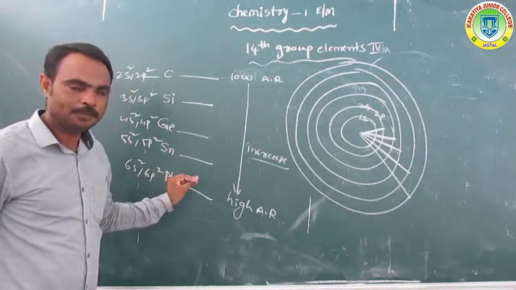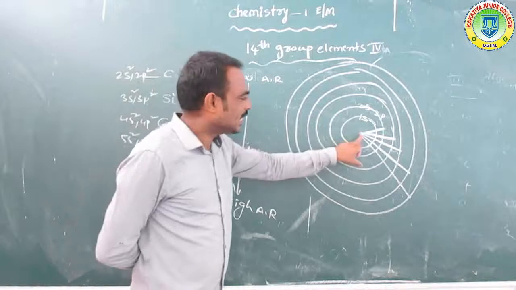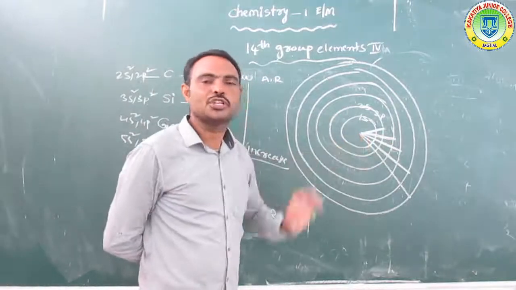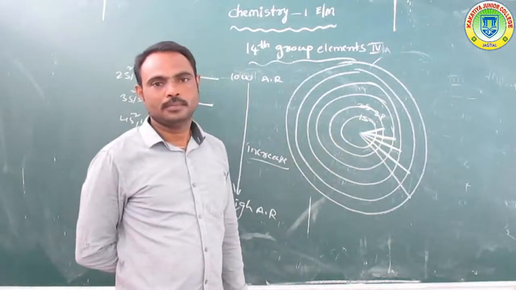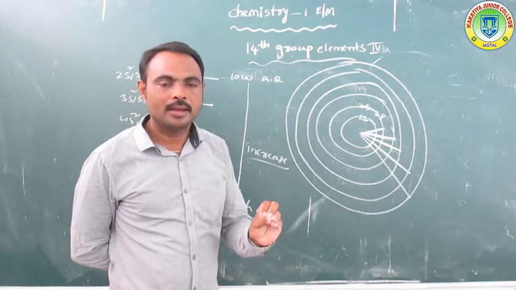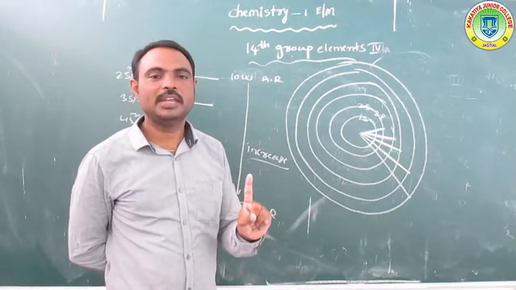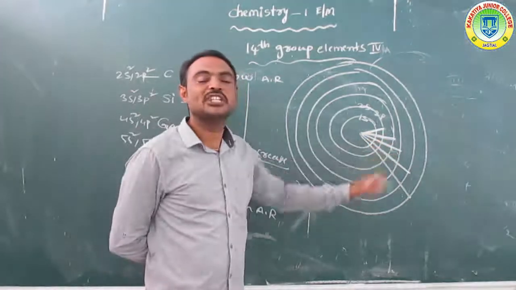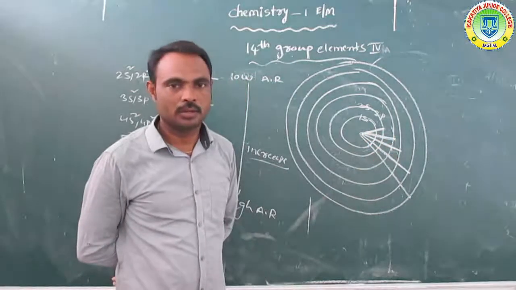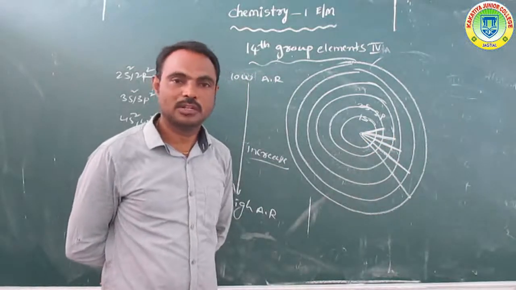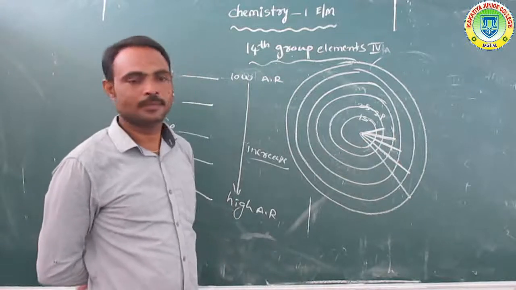So that time the distance between the center and the outer shell of the electron increases, so atomic radius values also increase.